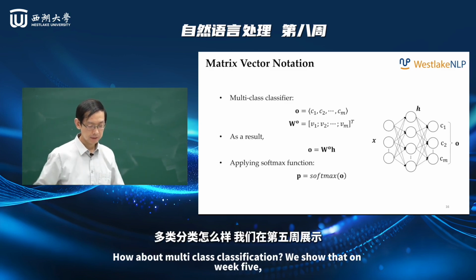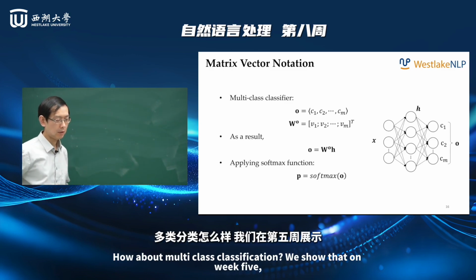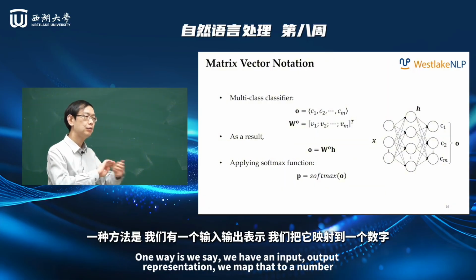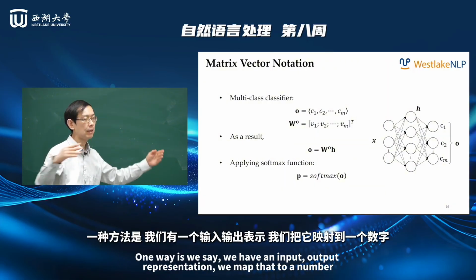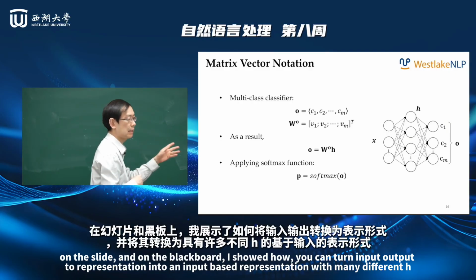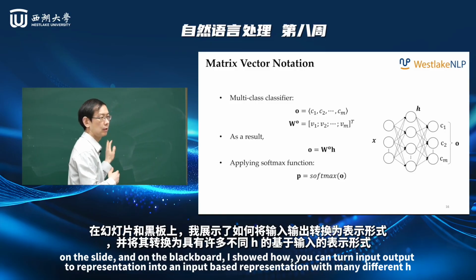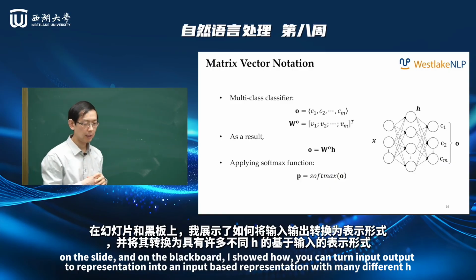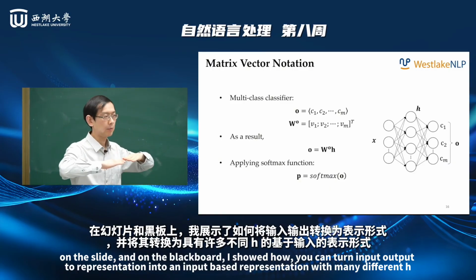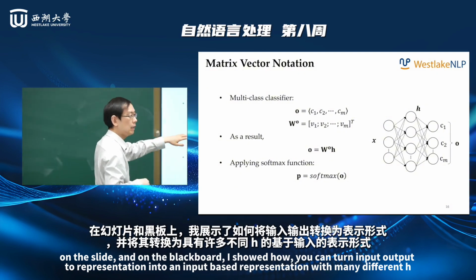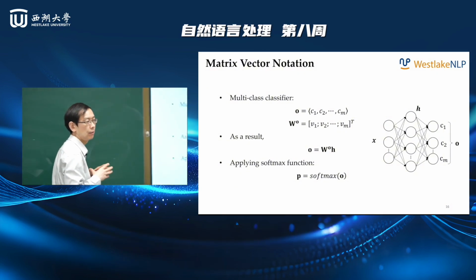How about multi-class classification? We showed that in week 5, right? There are 2 ways we can do multi-class classification. One way is we say, okay, we have an input-output representation and we map that to a number. On the slide and on the blackboard, I showed how you can turn an input-output representation into an input-based representation with many different H to output representation.